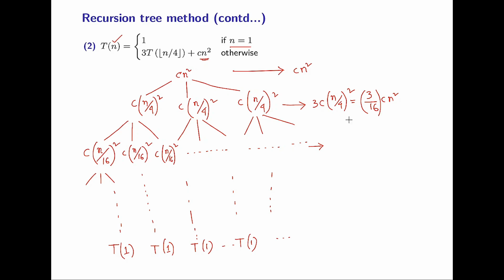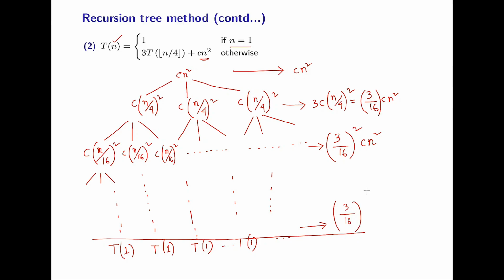So what can we write to find a pattern? 3 by 16 whole square Cn square. It is (3 by 16) to the power of the height of the tree minus 1, times Cn square, right? So what is the height of the tree? The height of the tree is from that point to here.